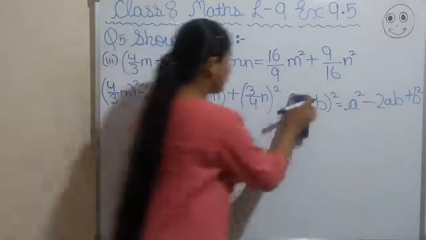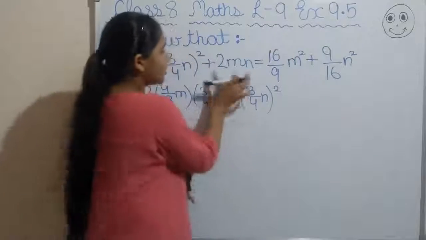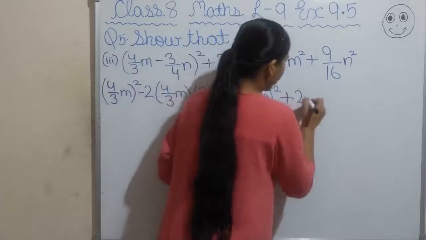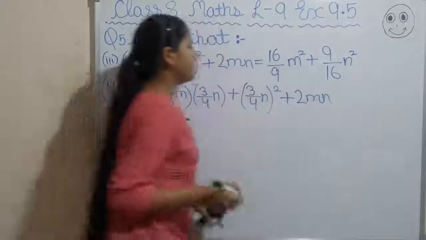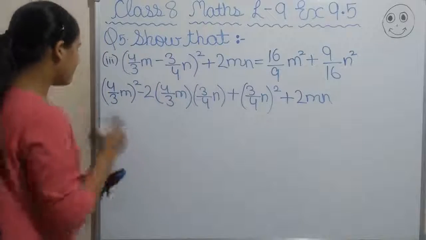So we have used this property, now we can avoid it. Then plus 2mn as it is. Now we have to go a little bit further.